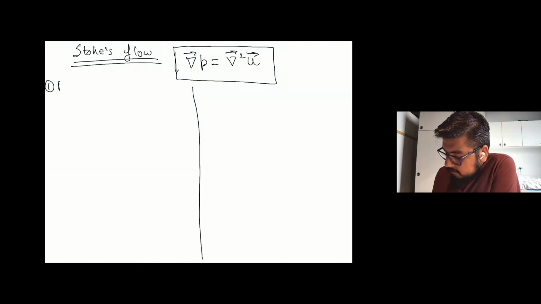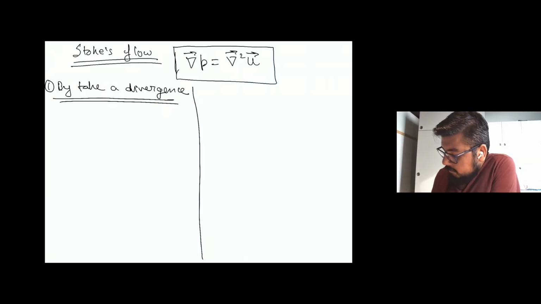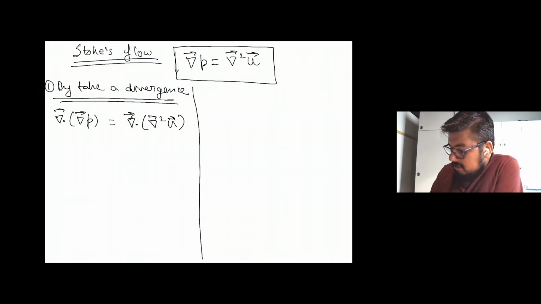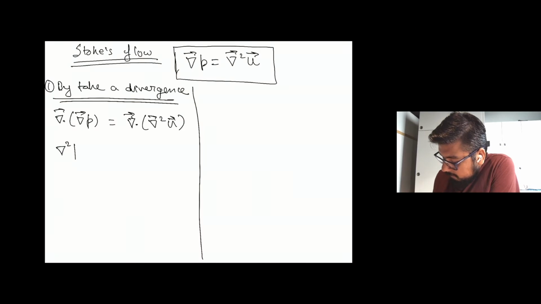The first is by taking a divergence of this equation. So once we take the divergence of this equation, what we get is the divergence of the gradient of P is equal to the divergence of the Laplace of u. And if we use the Cartesian tensor notation, it is easy to show that this is nothing but the Laplace of P equals the Laplace of divergence of u.